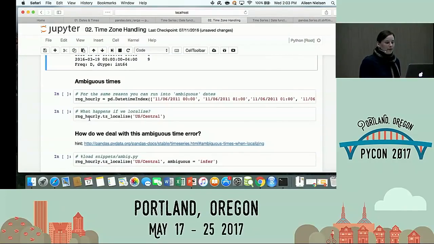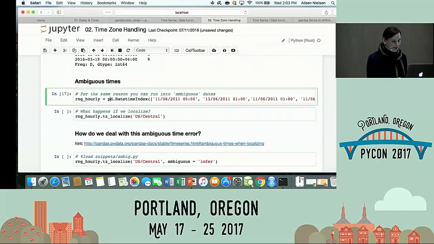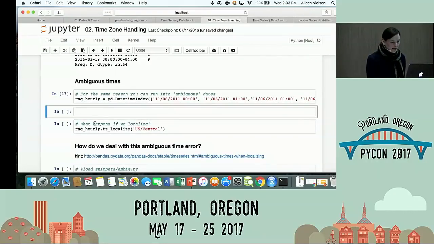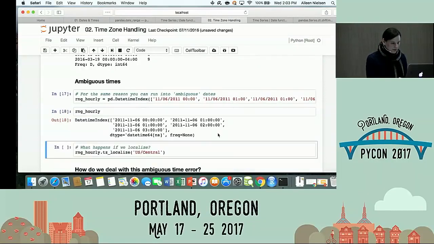You will sometimes run into ambiguous times, however. So let's take a look here. I've got range hourly, which I have as range hourly. Let's take a look at what it is. So we've got November 6, 2011.